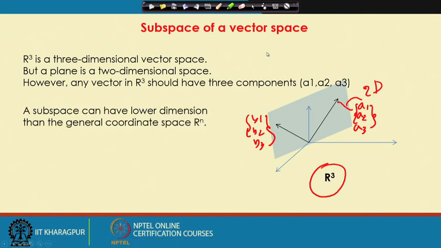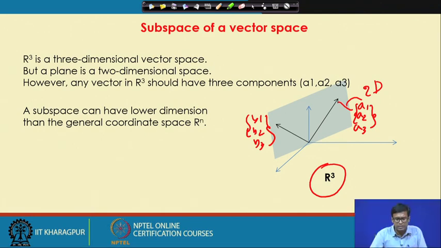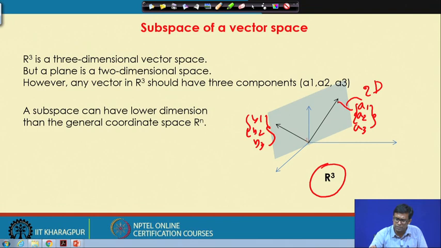A subspace can have lower dimensions than the general coordinate space Rn. So, R3 is a 3 dimensional general coordinate space, 3 dimensional vector space, but the plane, this particular vector space, is a 2 dimensional vector space. We can also think of a line passing through the origin.